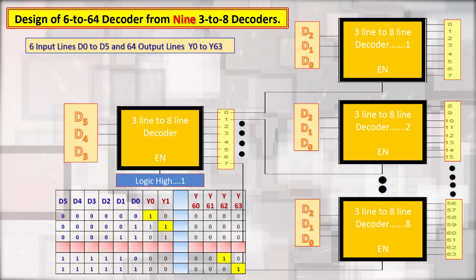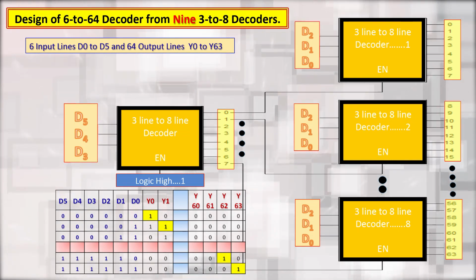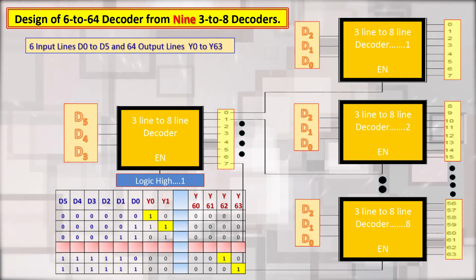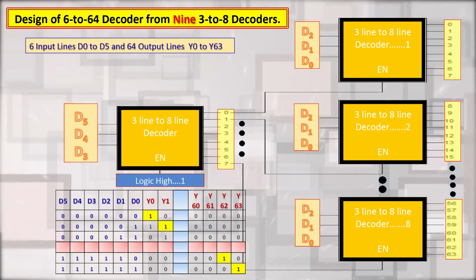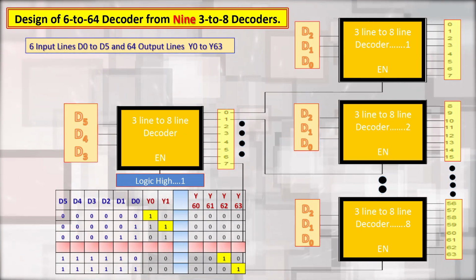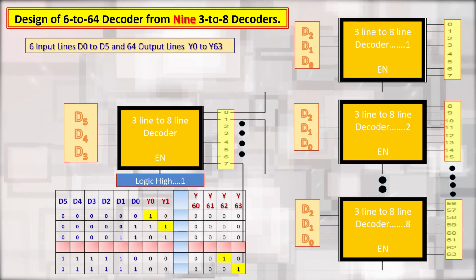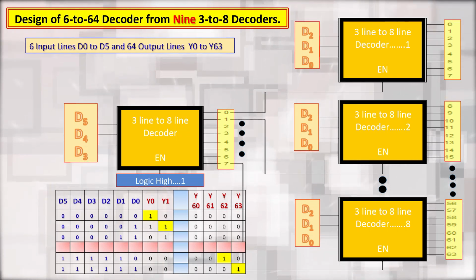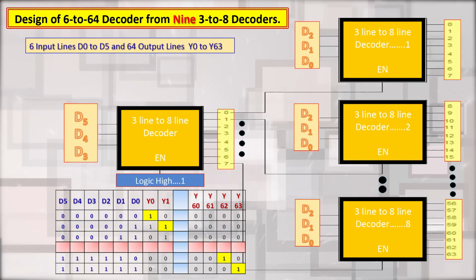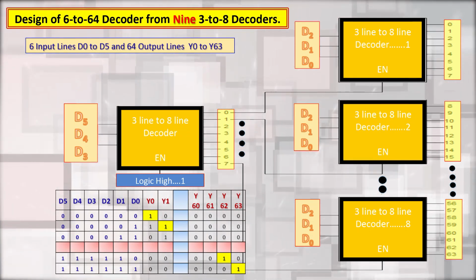So, one decoder will have 8 outputs. Accordingly, all the 8 decoders will give the 64 outputs, and the 9th decoder will connect the 3 MSB inputs to this 9th decoder, and the output of this 9th 3 to 8 decoder will be connected to the enable pin of each 3 to 8 decoder.